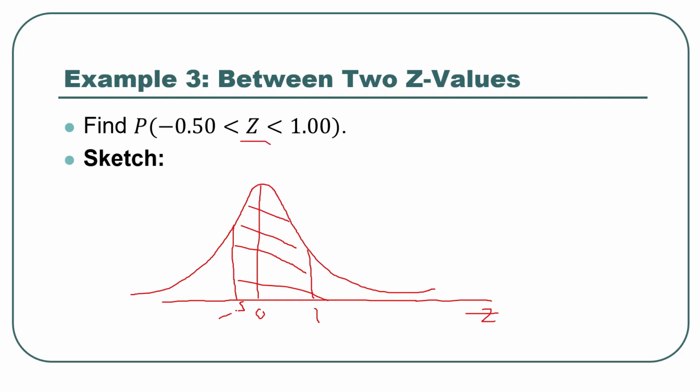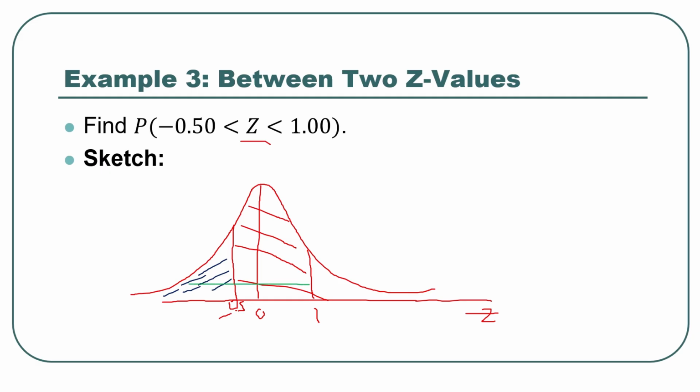But the standard normal table gives me only the area to the left. So if I went to my standard normal table at minus 0.5, it will give me that tail, that blue tail. And if I read under 1, it will give me again the area to the left of 1.